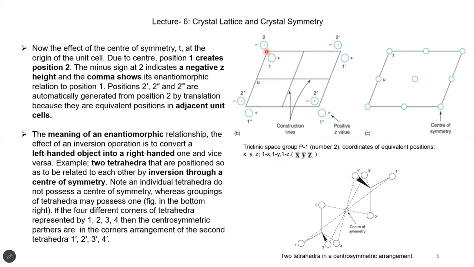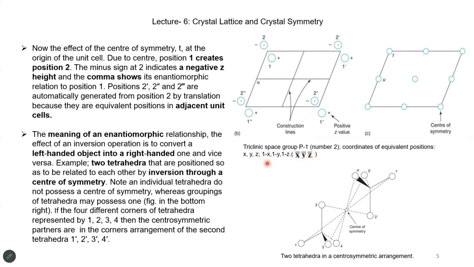That is, if we take this one, the other one will be 1 minus x, 1 minus y, 1 minus z. And that is represented by what is called bar x, bar y, bar z. You see, this is how you always see it in books.